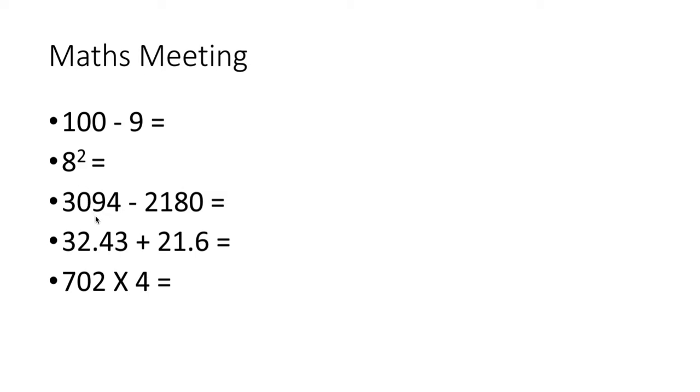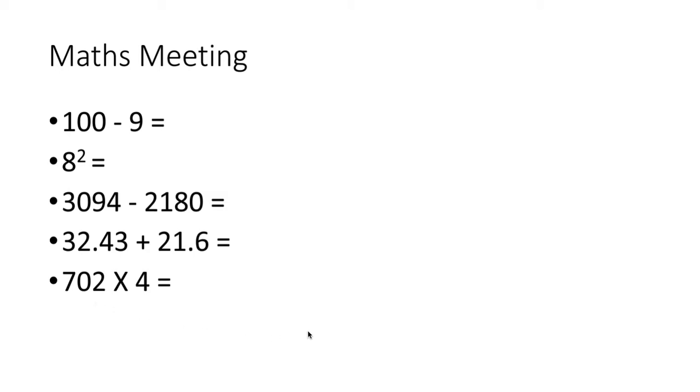Column subtraction. Column addition, be very careful because this number has 2 decimal places, whereas this one only has 1. So when you're lining them up for your column addition, make sure you're lining them up with the decimal points on top of one another. And then you've got a column multiplication, 4 times 2, 4 times 0, 4 times 700, and don't let 4 times 0 trick you.